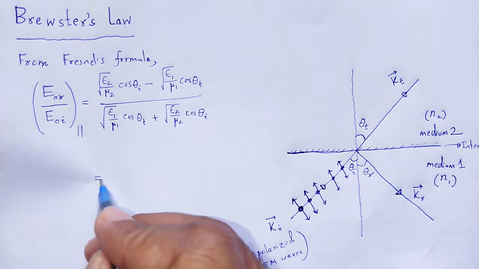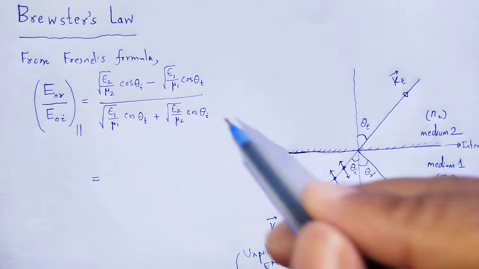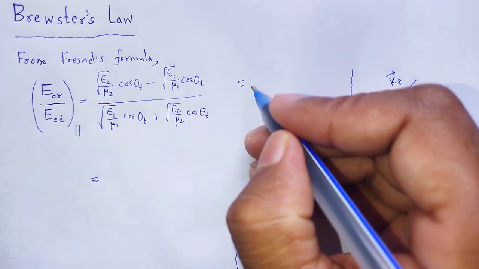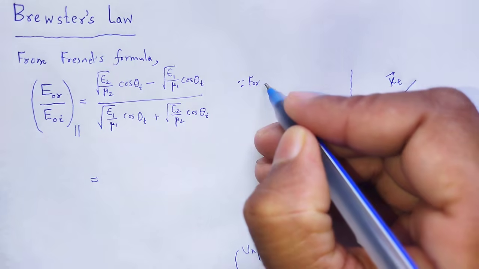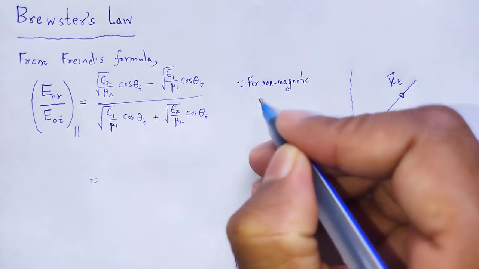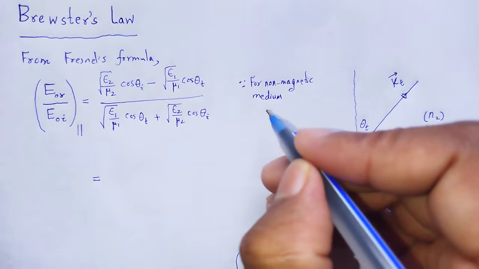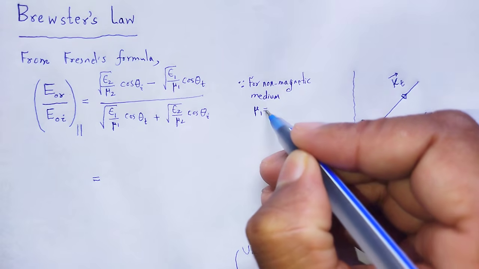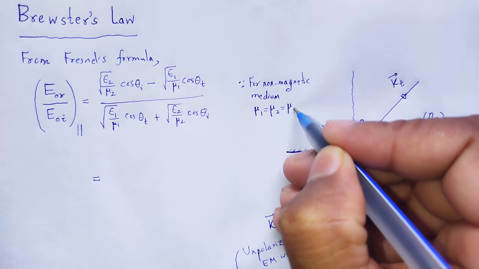Here we change that expression under a condition. For a non-magnetic medium, the permeability of medium 1 is equal to the permeability of medium 2, which is nothing but the permeability of free space.